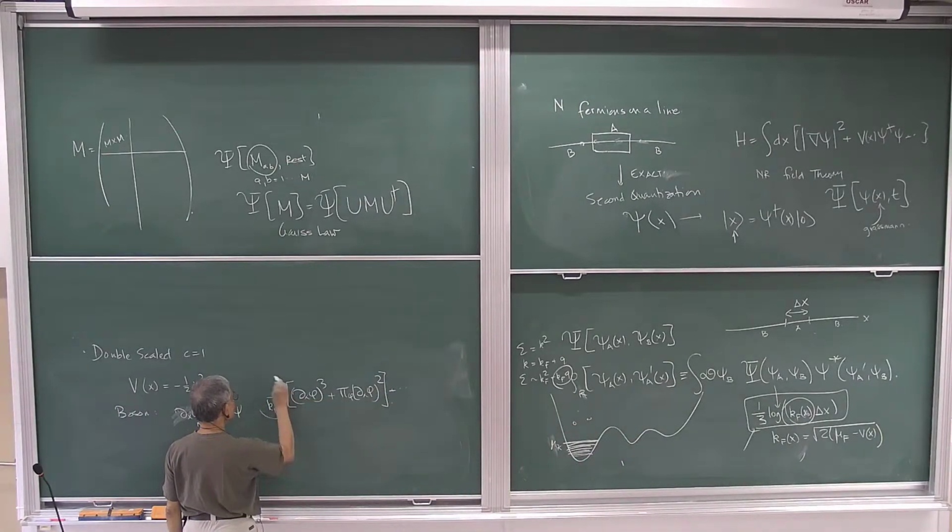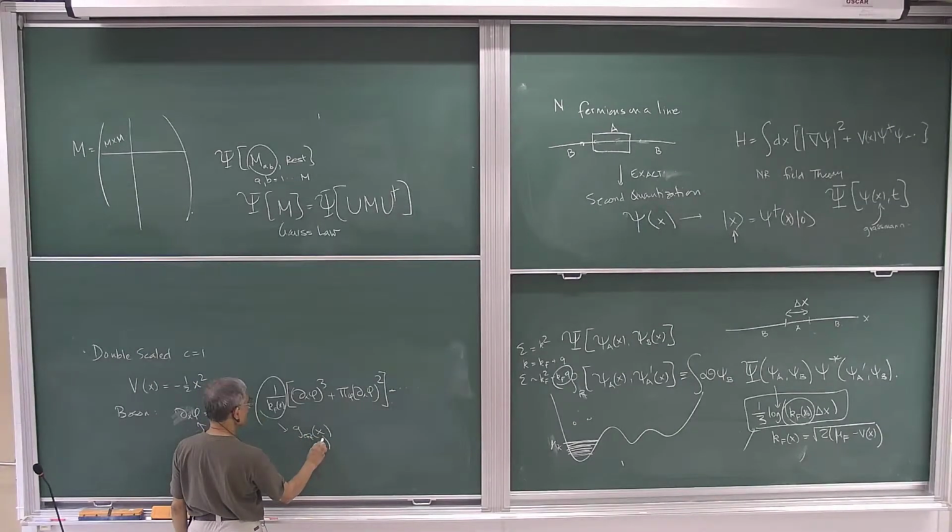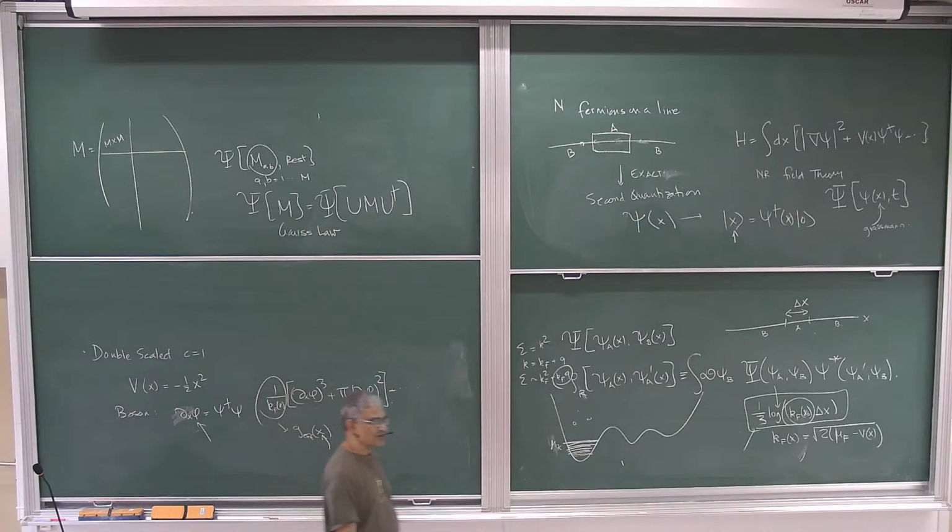This object is like an effective string coupling. It's a function of this position x, because if you look at what the string theory is, and I'll not go into detail, it is a dilaton background. It's a famous linear dilaton background. As a result of that, the string coupling is position dependent, inhomogeneous.